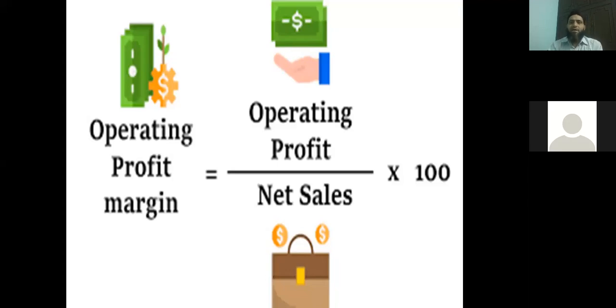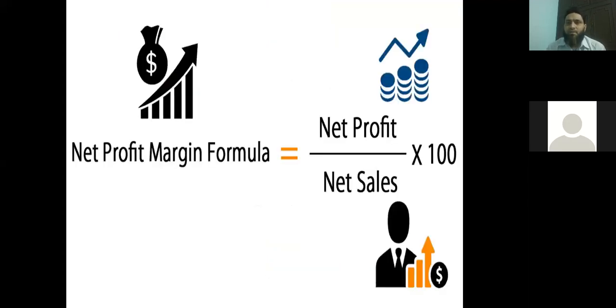Then we have net profit. Net profit ratio also you have. All of you have calculated net profit ratio, or net profit. And you must know why net profit is calculated. Net profit is calculated due to legal requirement.